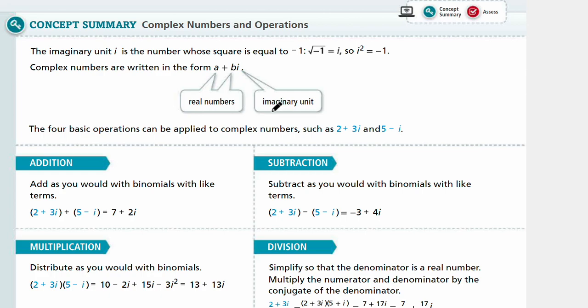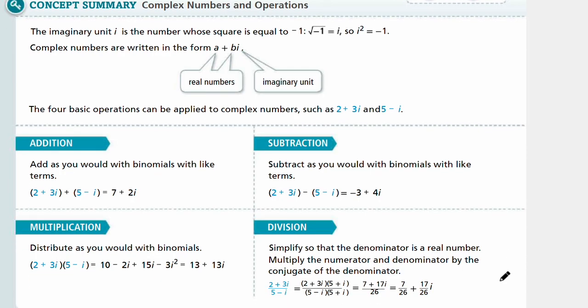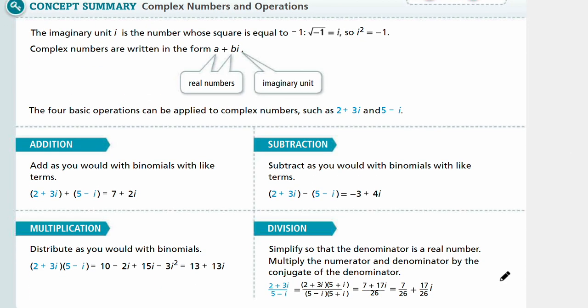So the 4 basic operations can be applied to complex numbers such as 2 plus 3i, 5 minus i: addition, subtraction, multiplication, division. And we also looked at factoring quadratics using the complex number system. So adding, you can add the like terms. Subtracting, you can subtract the real numbers and the imaginary units, as you can treat them as variables.